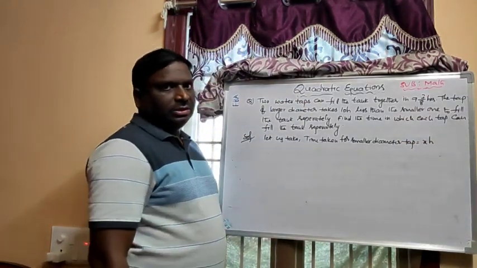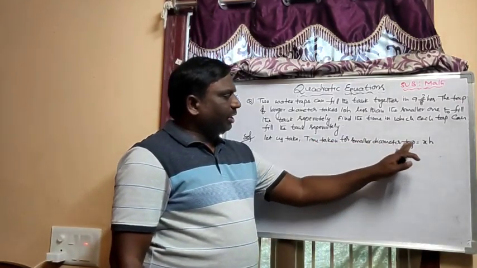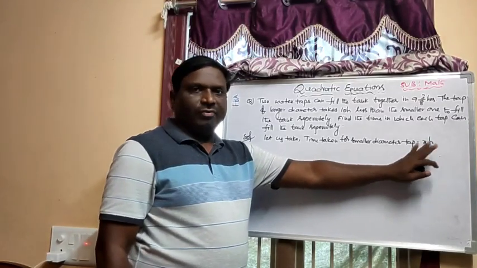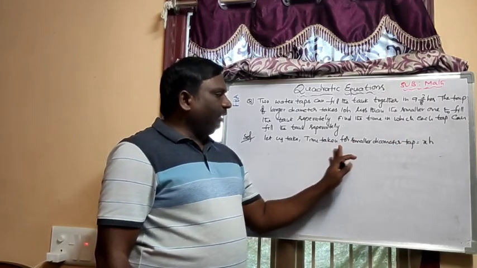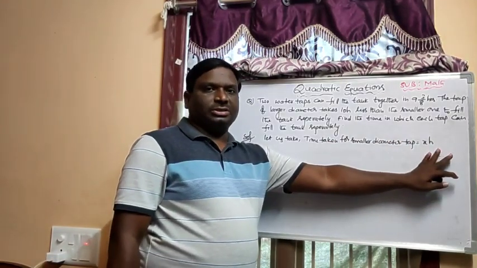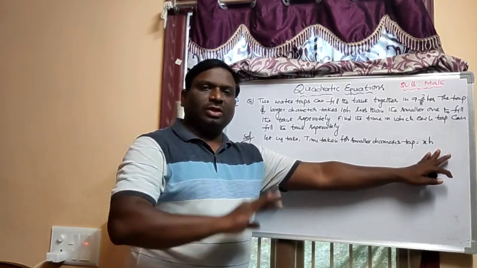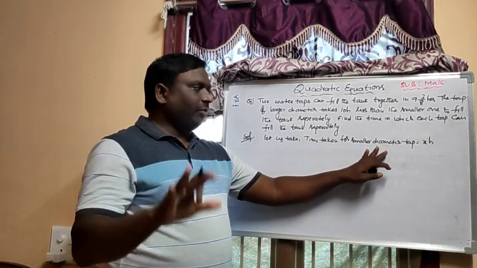Here I am writing only the time taken for the smaller diameter tap to fill the full tank, X hours. Suppose for a full tank it is taking 10 hours, or 5 hours. I am taking 10 hours for the smaller diameter tap.